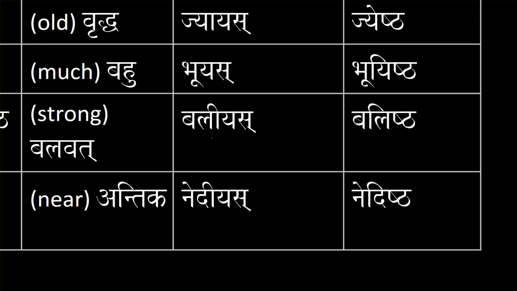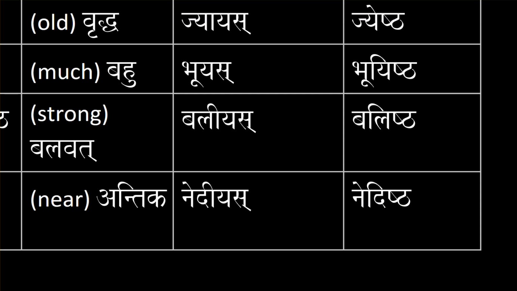For stronger, we have baliyas, and then for strongest, we have balishtha. The word for near in Sanskrit is antika. For the comparative, you have nediyas, and then for the superlative, we have nedishtha.